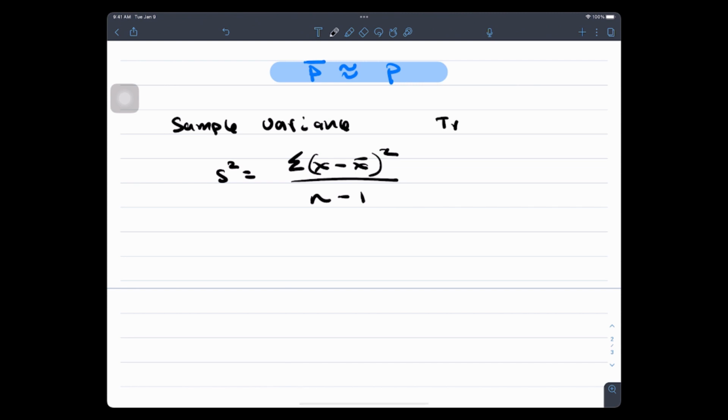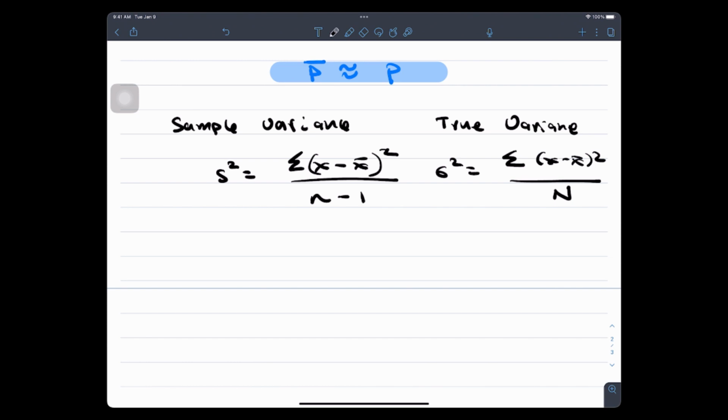And then you have the true variance. It has a formula. Okay, we've been using the TI to compute these.